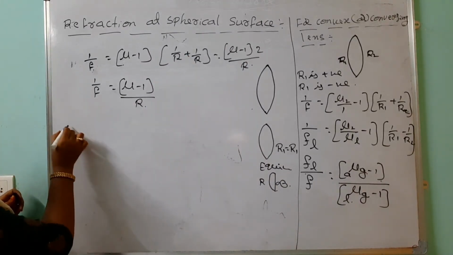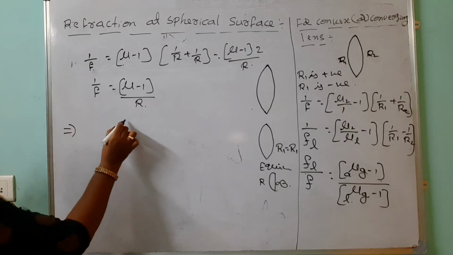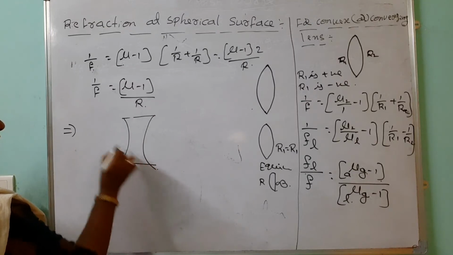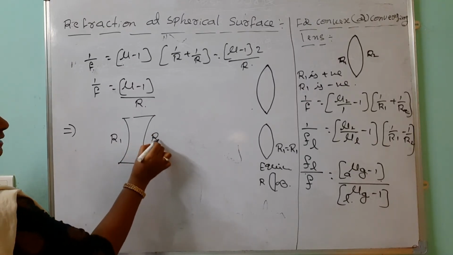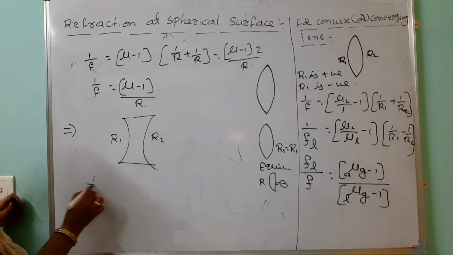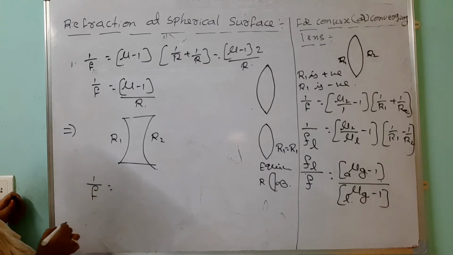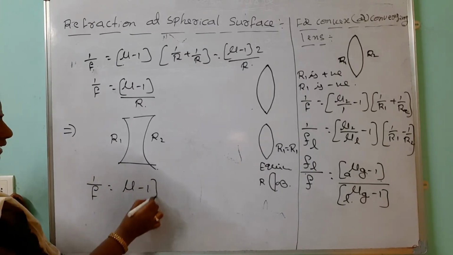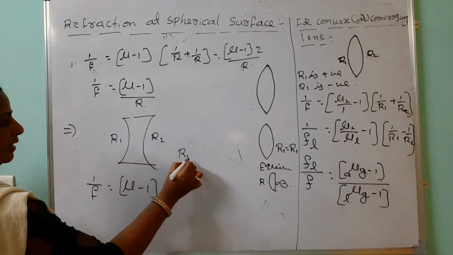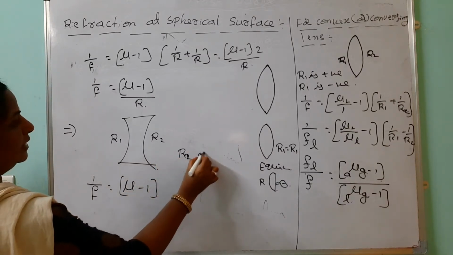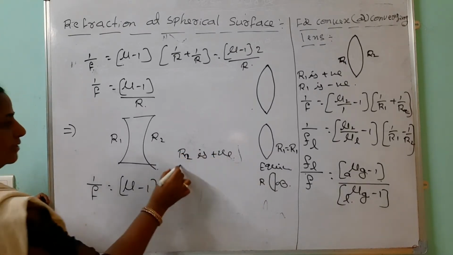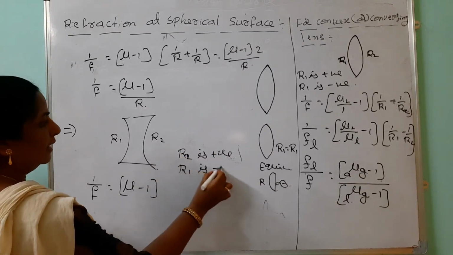Then like that there are different cases for concave also. This is the concave lens. This is R1 and this is R2. In this case we can write 1 by f equals the same mu minus 1, into, here R1 and R2 are positive for a convex lens, and this is also called a diverging lens. Then R1 is negative.